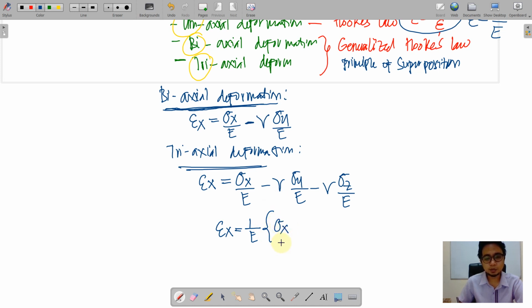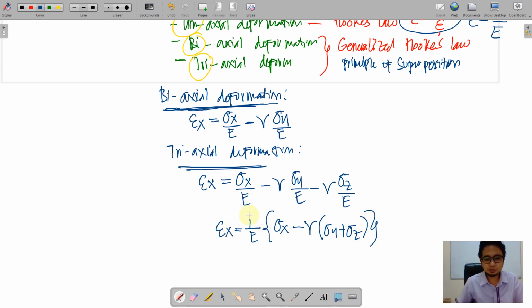So naiwan yung sigma x minus, we can actually bring out negative mu there. Okay, so ang naiwan is the sum of the stresses.